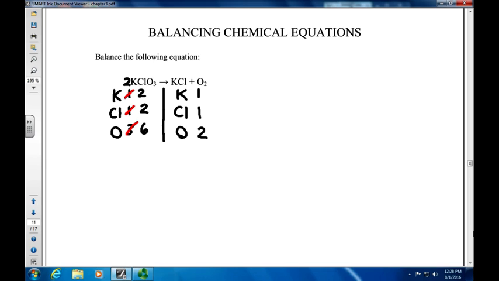If we put a 2 in front of the KCl in our products, then that changes our K and Cl to 2. And now our potassiums and chlorines are the same on both sides again.